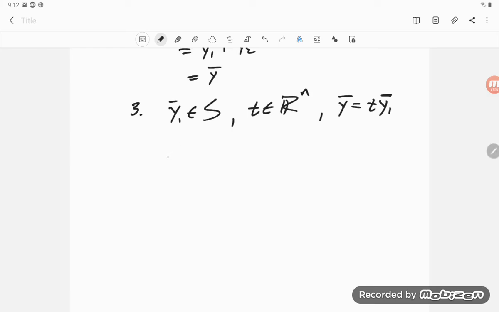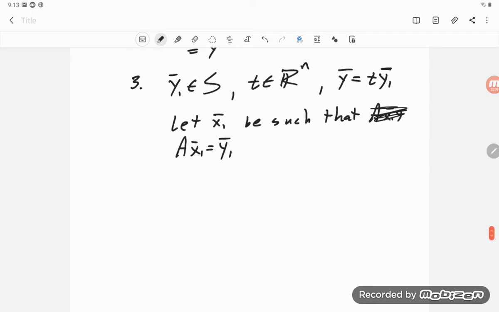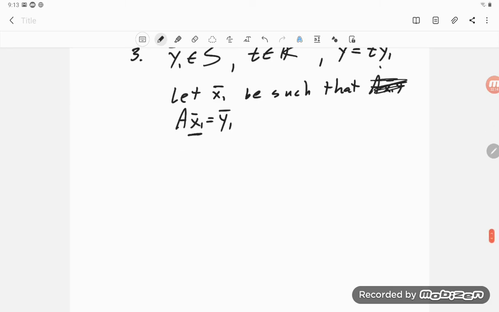And again, I do that same thing. I will say let x1 be such that Ax1 equals y1. Okay, and I know I can find that x1 because y1 is in S. And so now let x equal t x1.